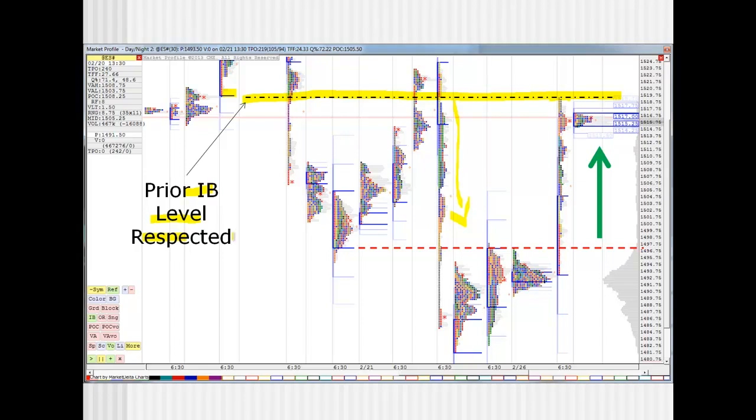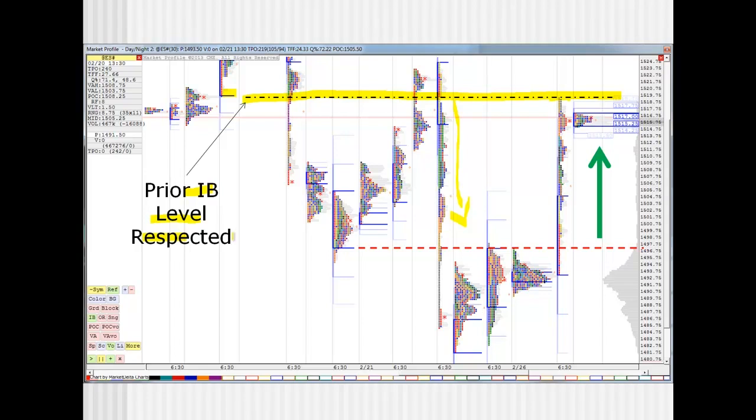And consequently, the participants in the initial balance are usually the heavy hitters, if you will, or smart money, if in fact the market is going to see any significant level of activity or directional momentum. So their move begins with the initial balance typically. And on days where we don't end up seeing much activity, you will find that for most of the day the market will just fluctuate between the initial balance low and the initial balance high.